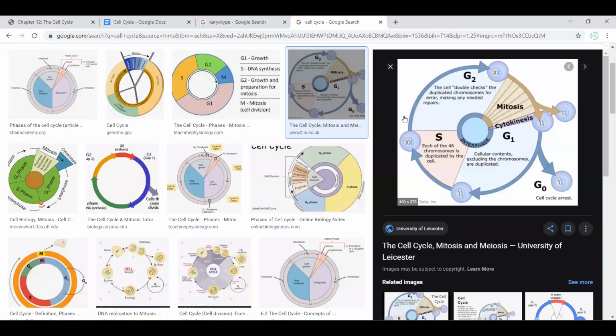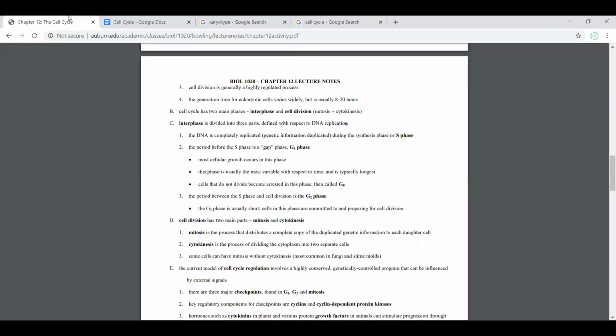Cancer actually skips over the G0 phase. If you know anything about cancer, you should know that cancer in general is characterized by uncontrolled growth or uncontrolled cell replication. So they skip out of the G0 phase, because if they were in the G0 phase, they wouldn't be dividing.